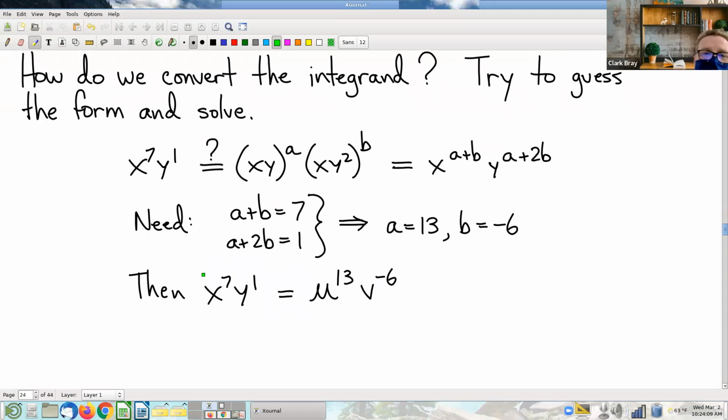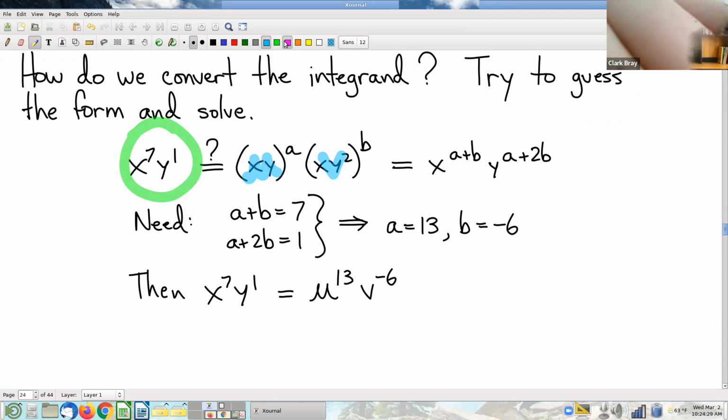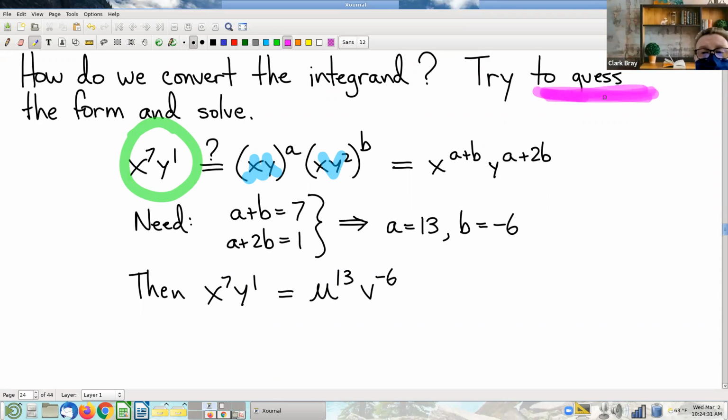Okay. So then there's this part, which is different every time. This is by hook or by crook, all right? Make reasonable guesses. I made a guess here that since I have a product of powers of x and y, and I want to rewrite it in terms of, well, products of powers of x and y, I speculate, complete speculation, that if I take a product of powers of these products of powers, that might give me the product of powers that I'm looking for.